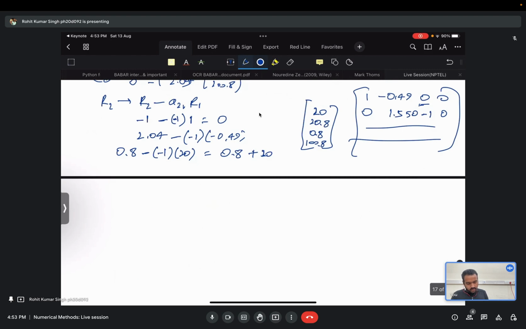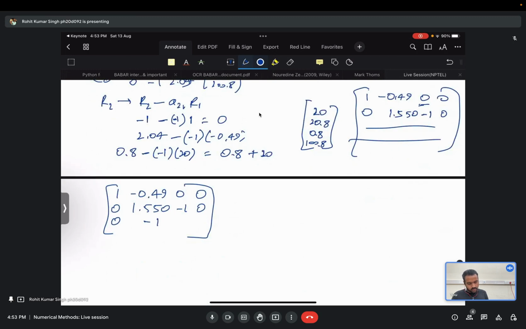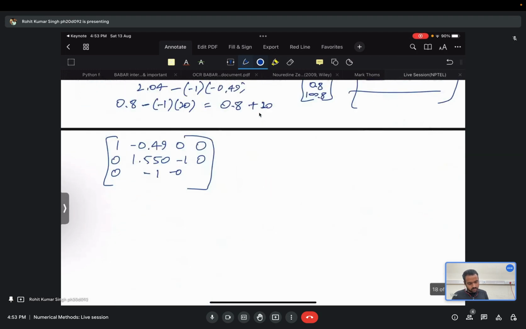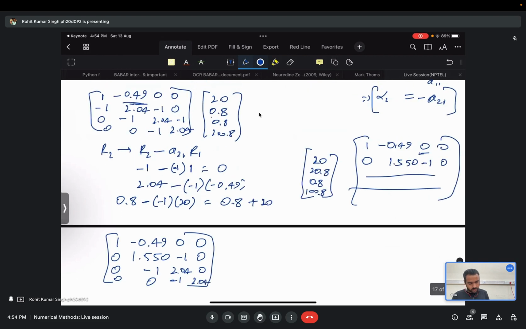So after the end of the first and second step, you will have minus 1, minus 0.49, 0, 0, 1.550, minus 1, 0, and you have the same matrix, which is 0, minus 1, minus 2.04, 2.04, 0, and you have 0, 0, 0, 0, minus 1 and 2.04, right?